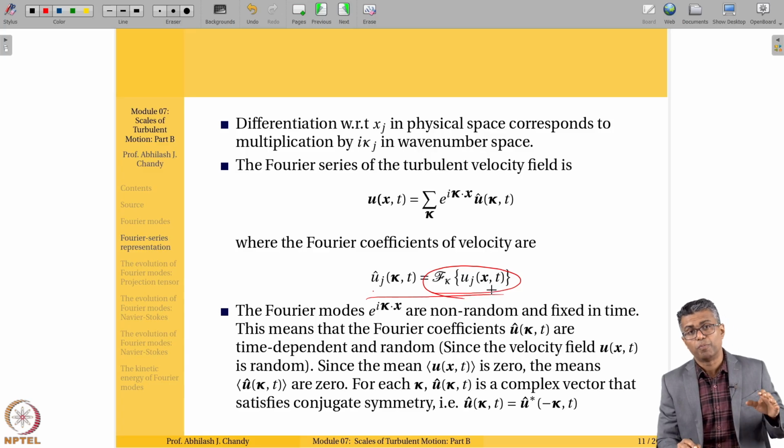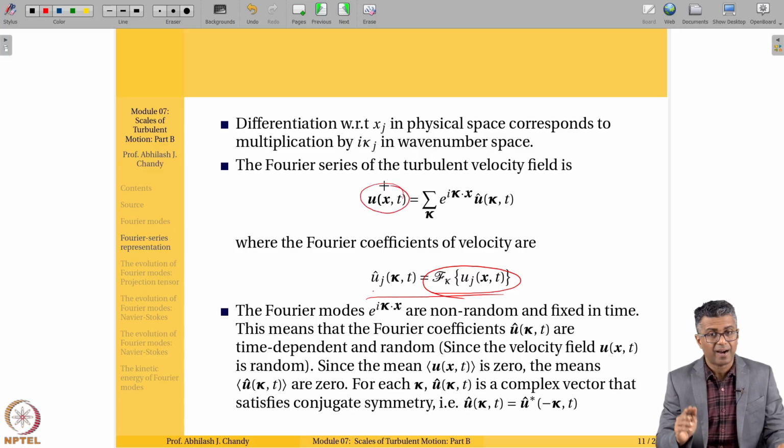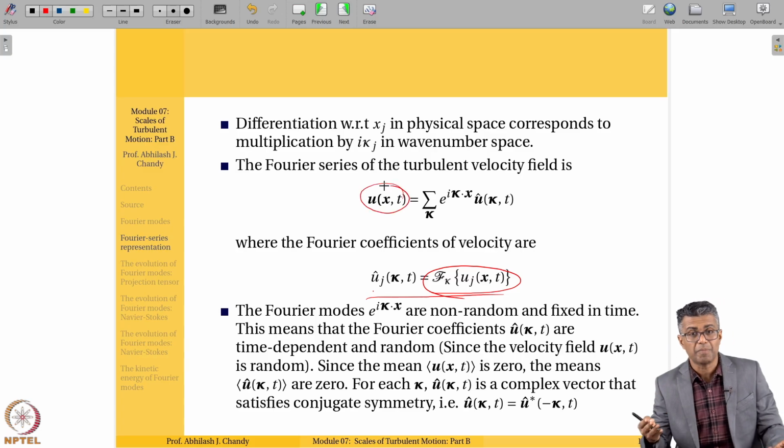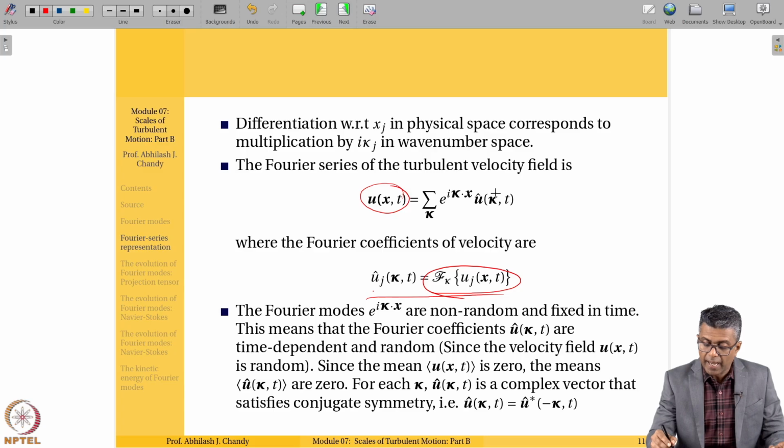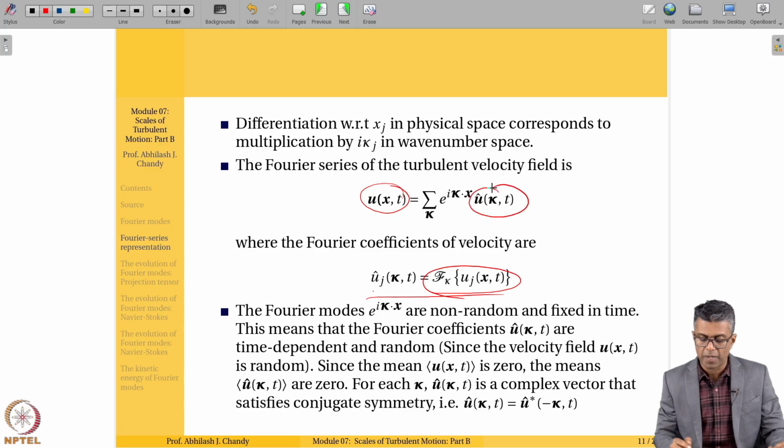Remember the Fourier modes e to the i kappa dot x, they are non-random and they are fixed in time. Whereas here these are random, seemingly random. And so these should be time dependent and random as well, because u of x,t are time dependent and random, which means u hat of kappa has to be time dependent and random.